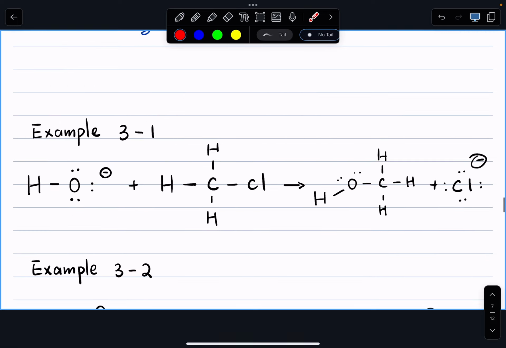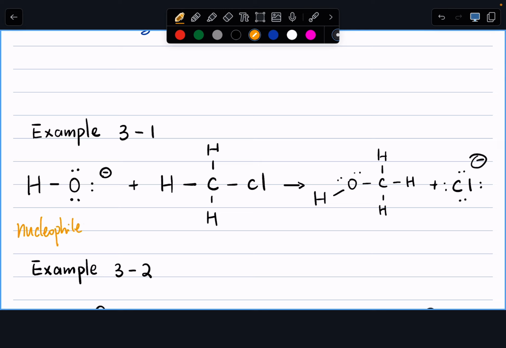The example we have here is an OH minus with an anionic charge. We say that can act as my nucleophilic site. And we look at a haloalkane. My carbon is directly attached to an electronegative atom, so my carbon is relatively electron positive.